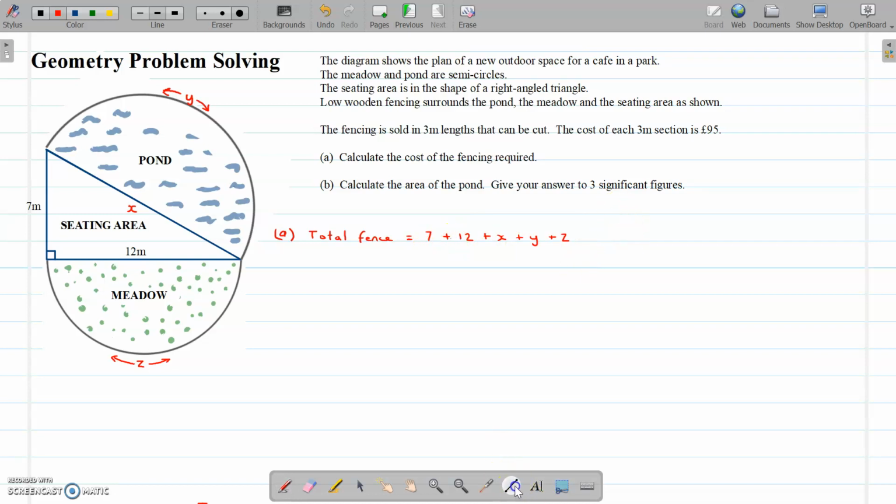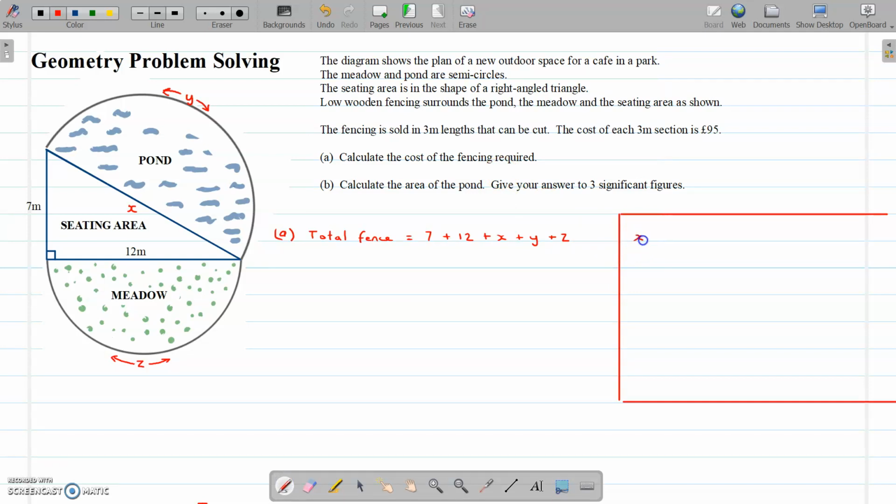Now, we'll just do a little box over here where we'll show some separate working for that information. I'm not saying you need to do it like this in the real thing, but it makes it clearer what I'm doing here. Let's find X first of all.